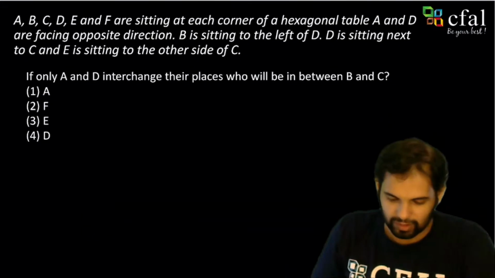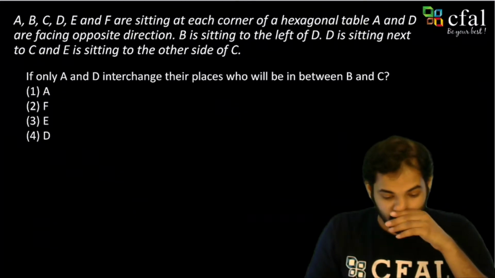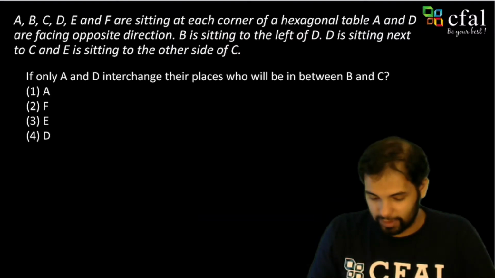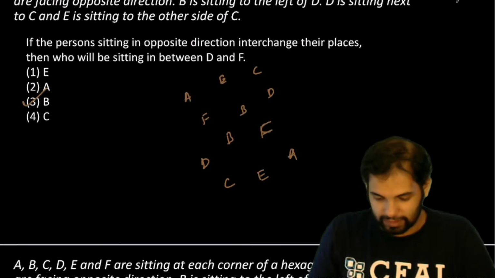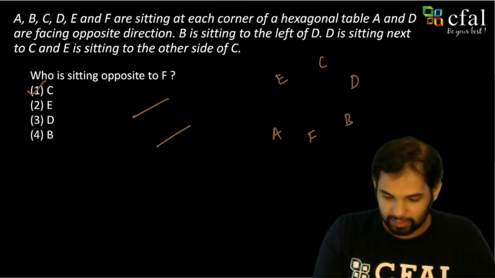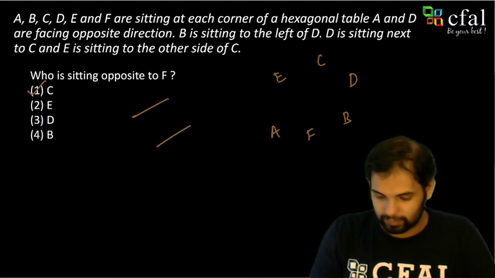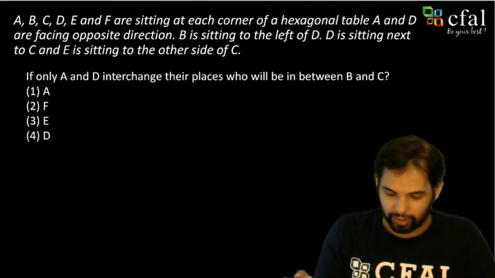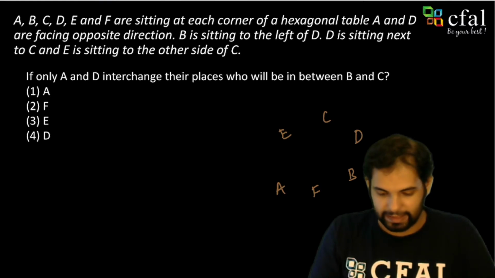Right. If only A and D are interchanged, their places now it's different. Only A and D are interchanged. So let me get the original pattern. To remove this line, let me just copy this. Paste. So now A and D are interchanged.